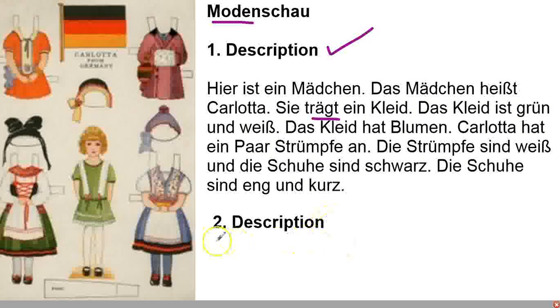So something that you want to make sure is that not only do you list the clothes, so you want to make sure that you have the Kleidung. After writing down the clothes, you want to incorporate a description of the clothing.